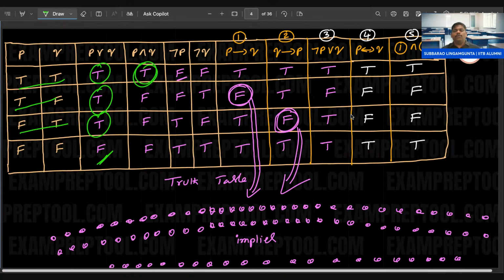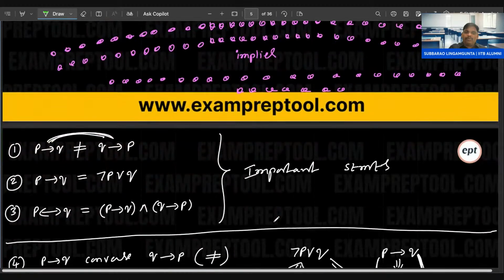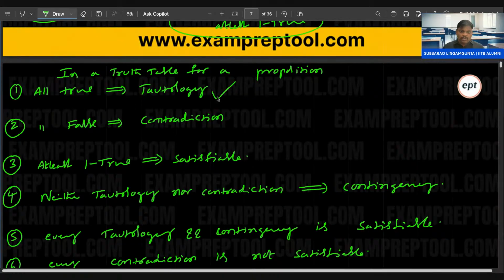In the truth table, suppose this is the truth table of a particular compound statement. Remember, in any truth table, if all are true, that is a tautology. If all are false, that is a contradiction.